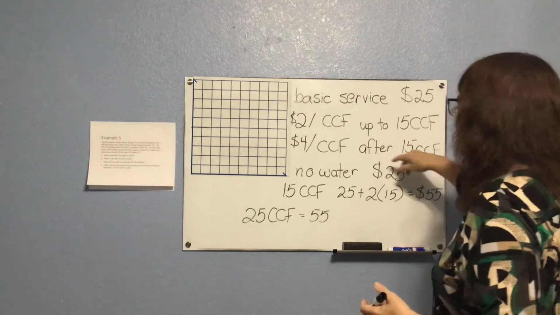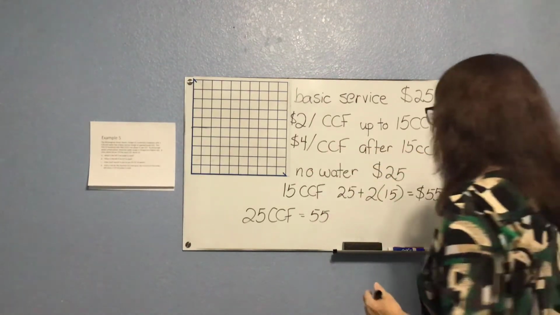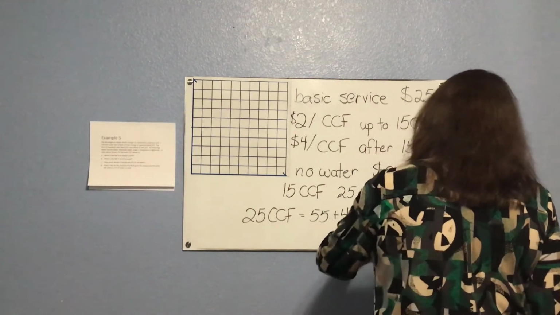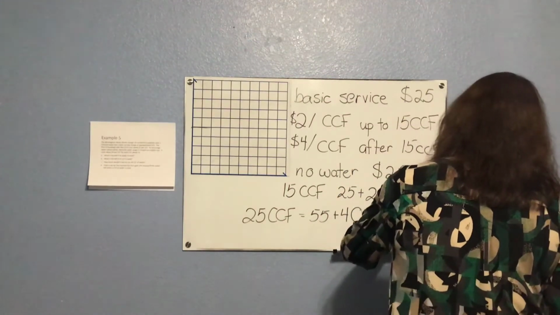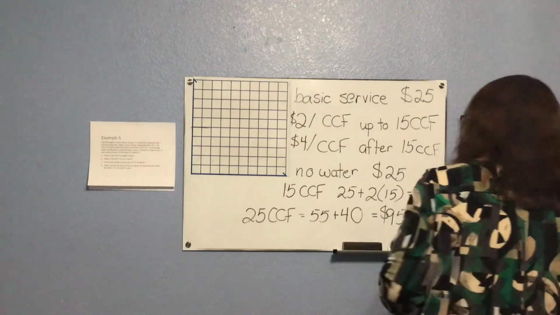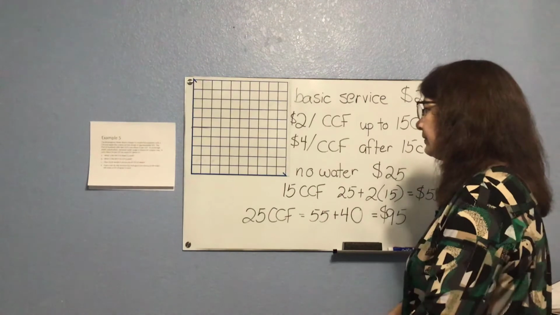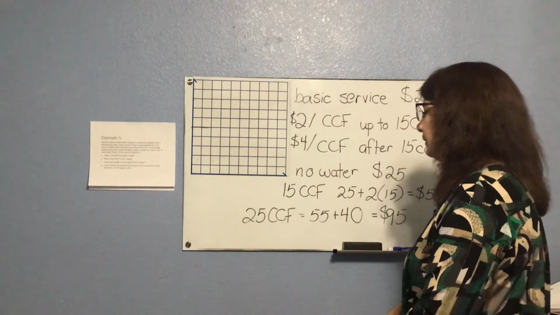Okay, so 10 times 4 gives me another $40 on my bill, so $95 for 2,500 cubic feet of water.